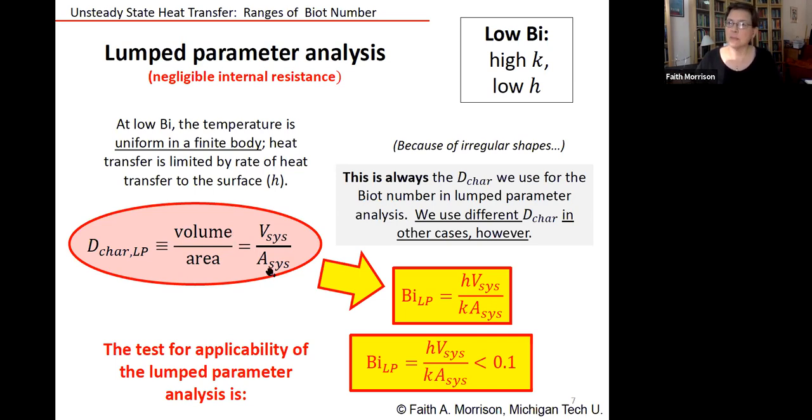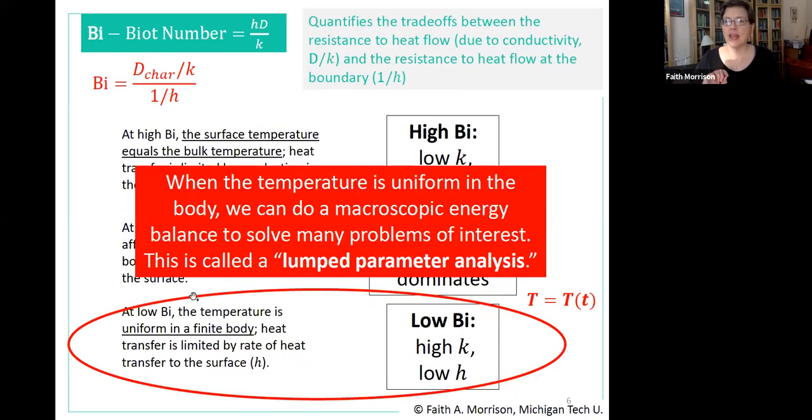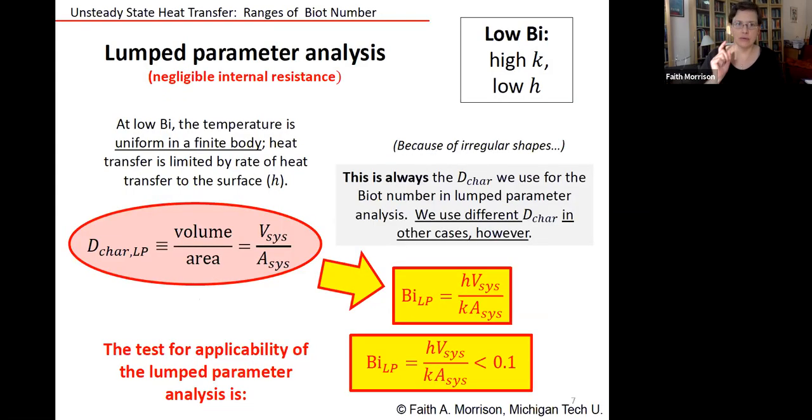I'm going to say this a bunch of times because people get confused. This length scale is only used for this low Biot number case. It's only used in lumped parameter analysis. So use it in the lumped parameter analysis, but don't use it otherwise.